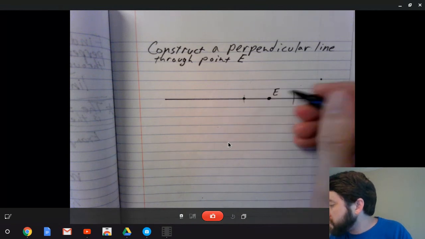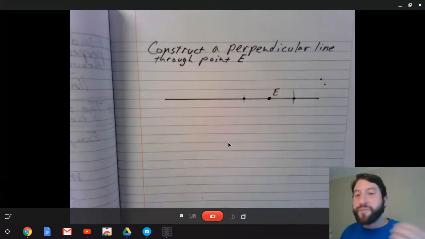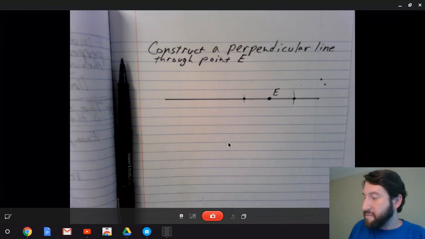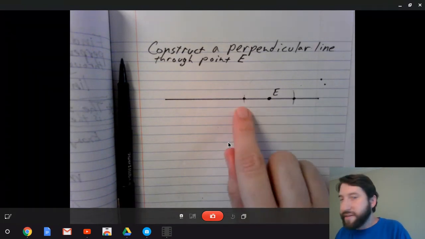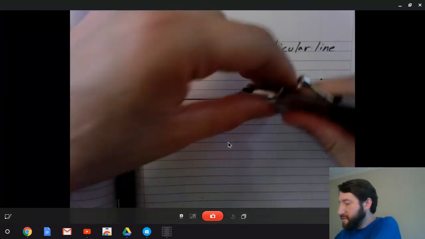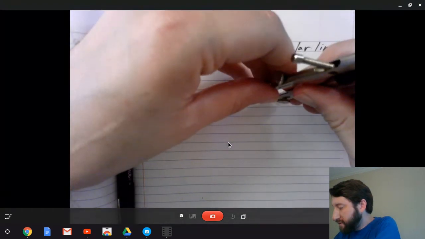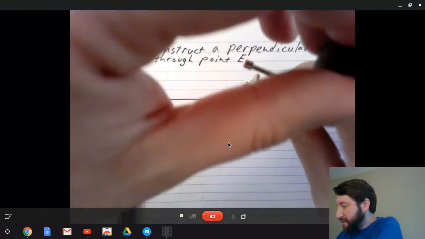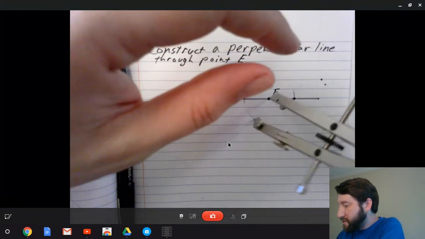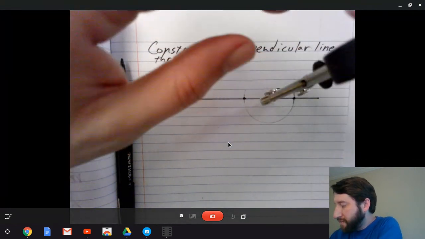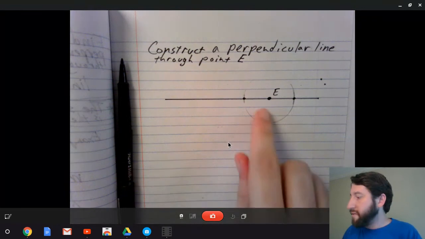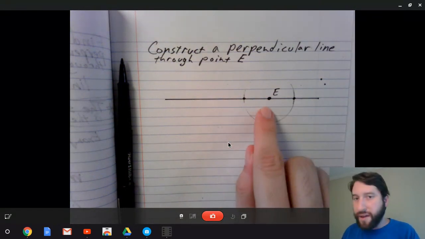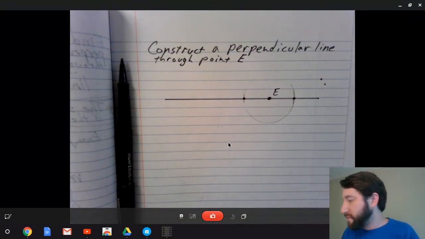They're just little points of reference, but we can pretend like they're endpoints. So now these two points are the exact same distance away. All right, so once again, all I had to do is just center it here, make an arc here, and if you want, I can just go ahead and show you the perfect circle. All right, that's how I know that these two are the same distance away from E. E is at the center of the circle.